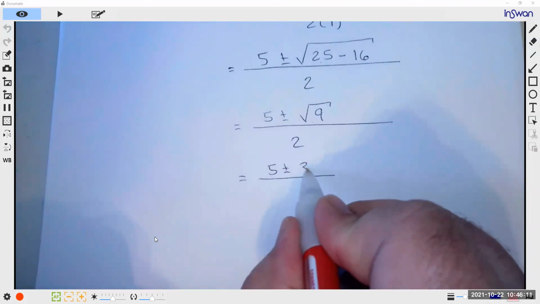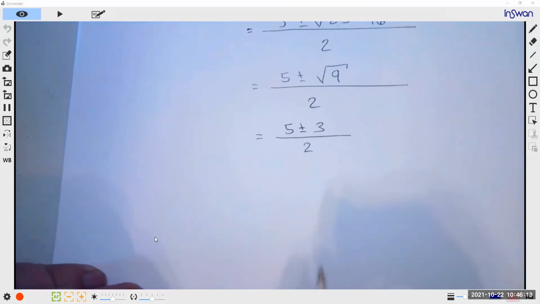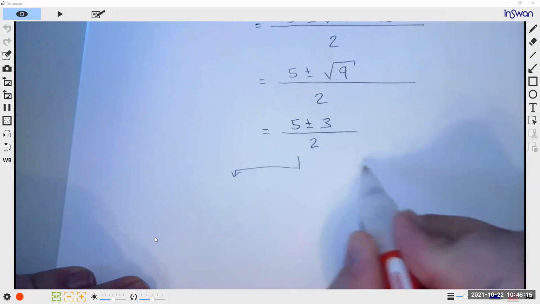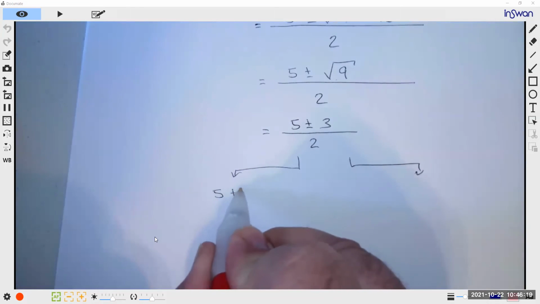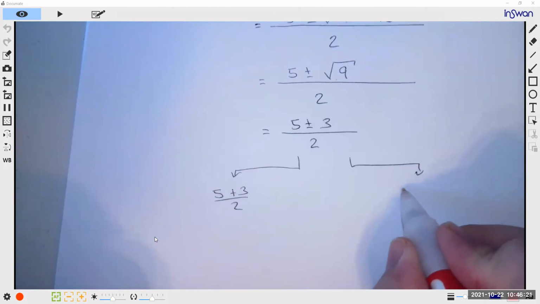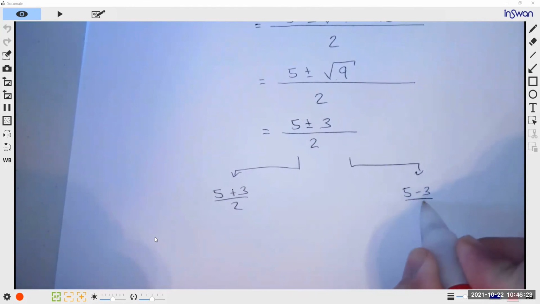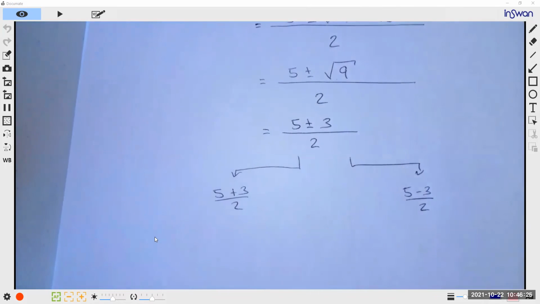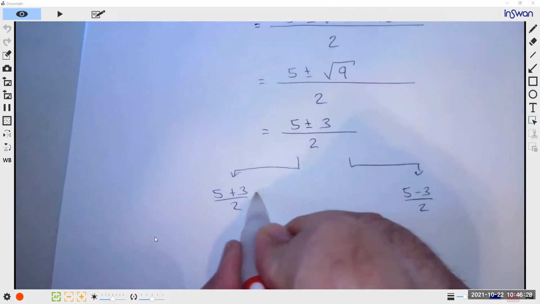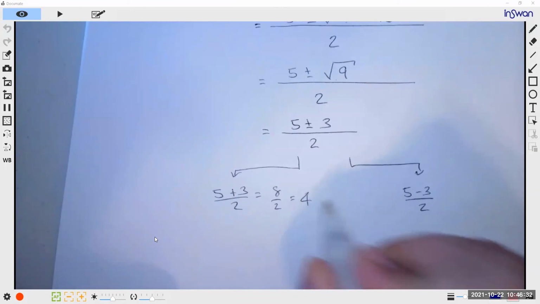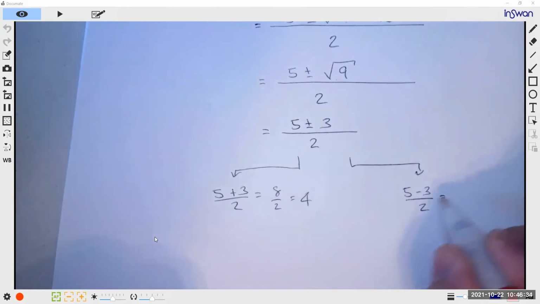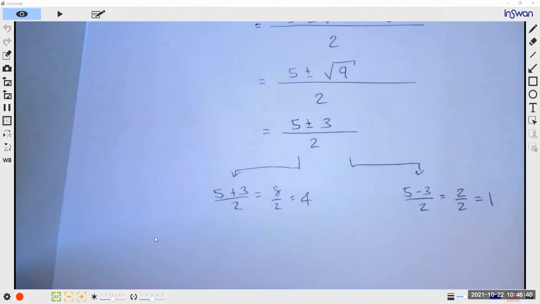Square root of 9 is 3. So we have 5 plus 3 over 2. 5 minus 3 over 2. So 5 plus 3 is 8 over 2 is 4. 5 minus 3 is 2. 2 over 2 is 1.